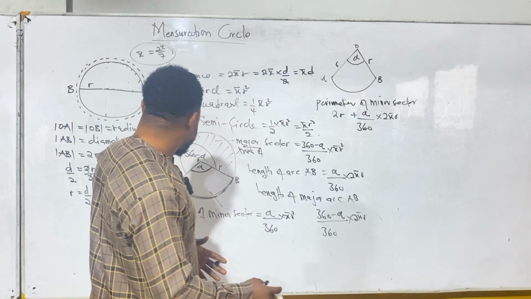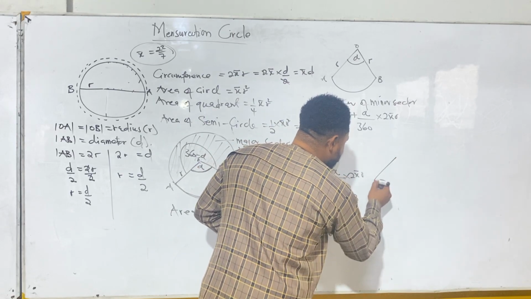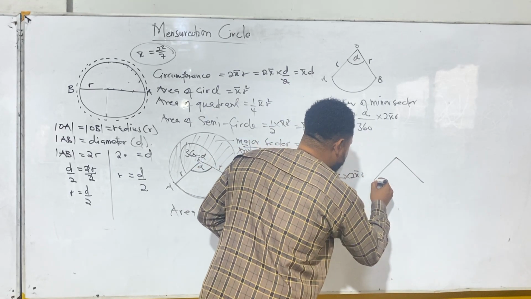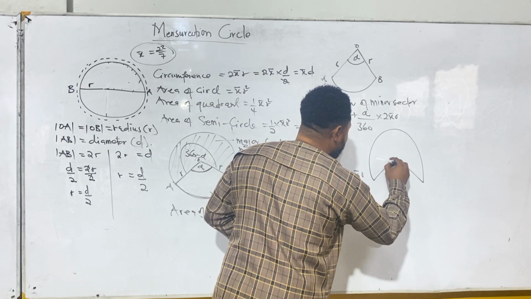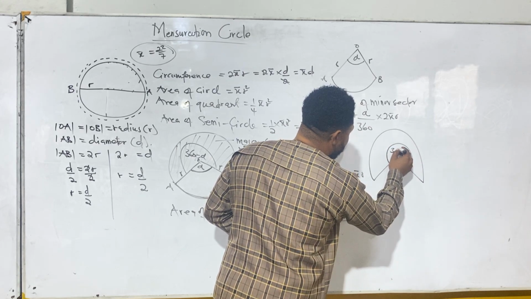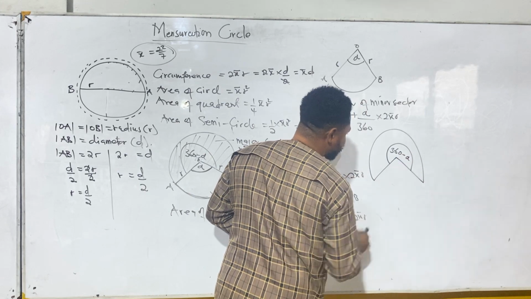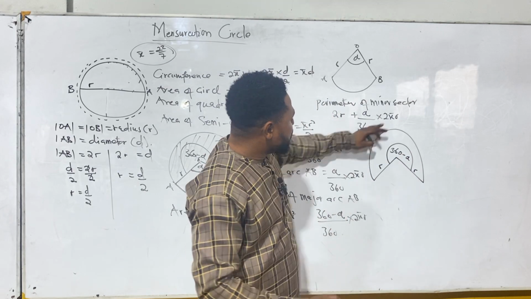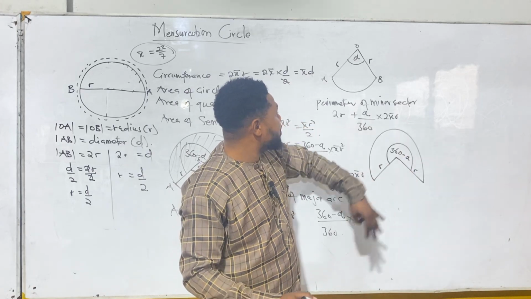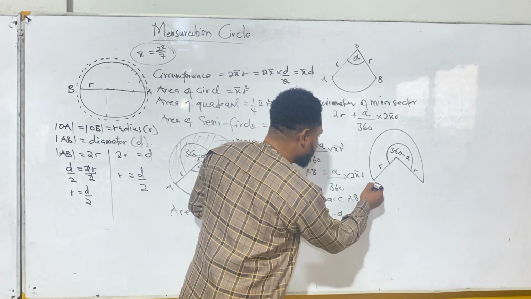We can also be asked to find the perimeter of the major sector. If this is our major sector, don't forget the angle here is 360 minus alpha, and these are our radii. We want to find the perimeter of this major sector, that means the distance around it.